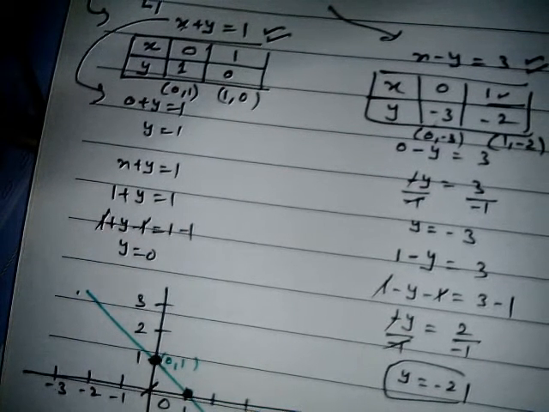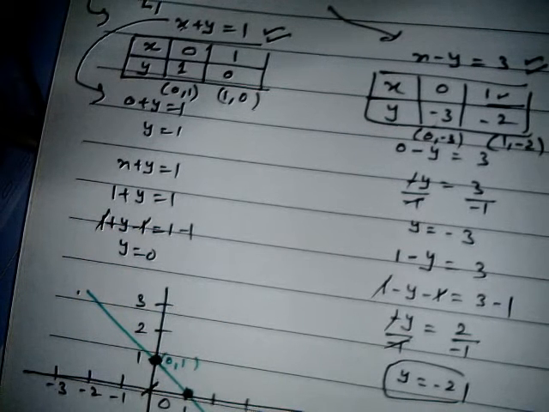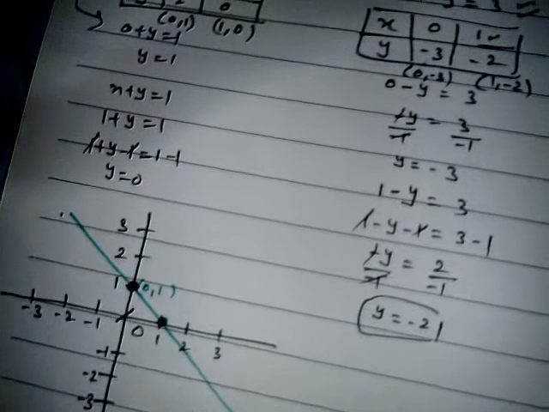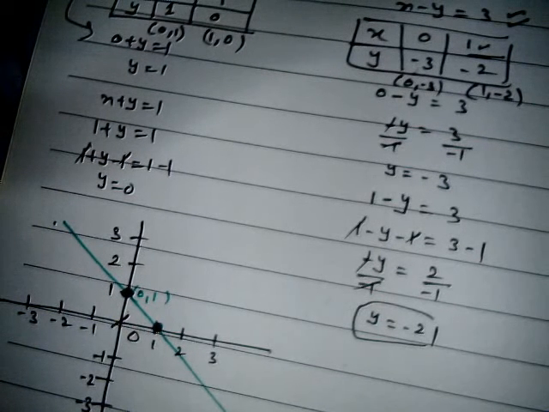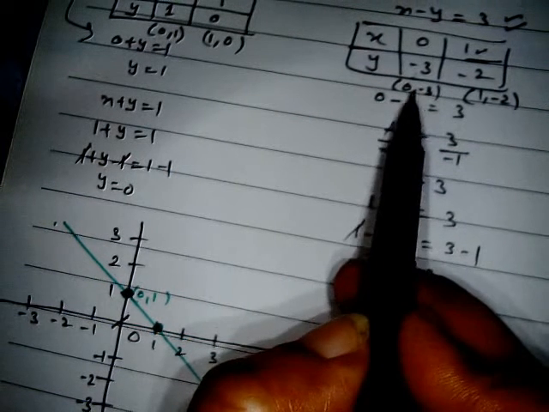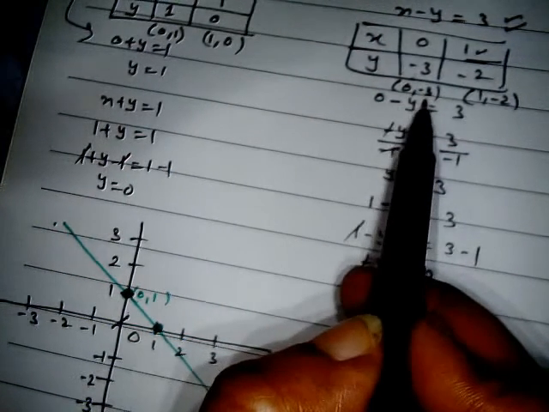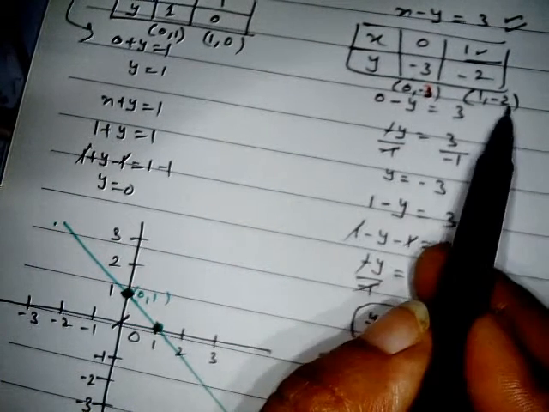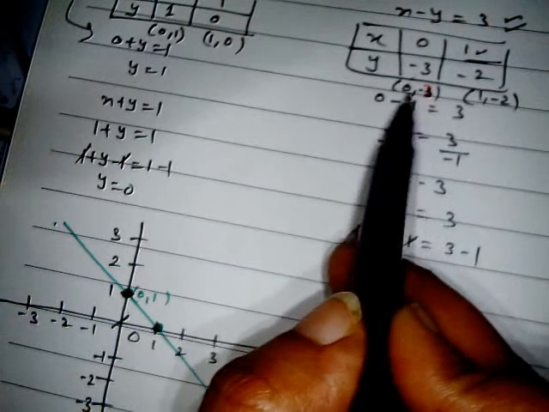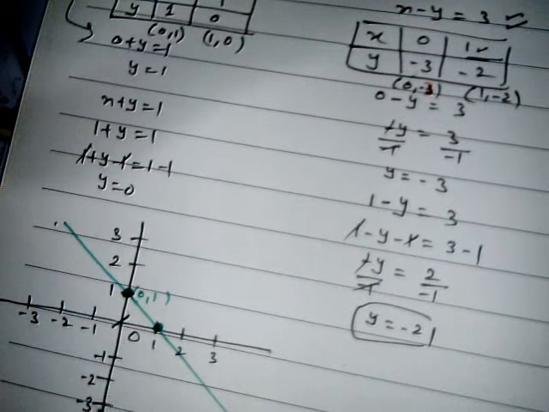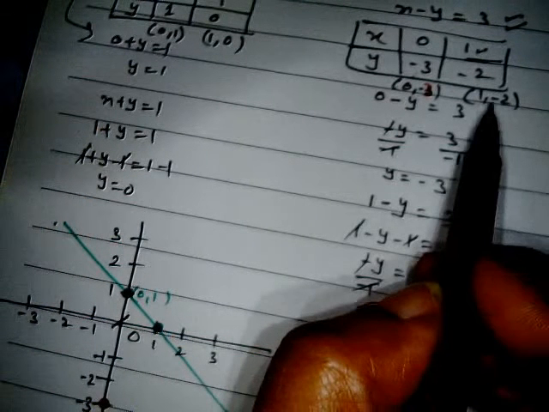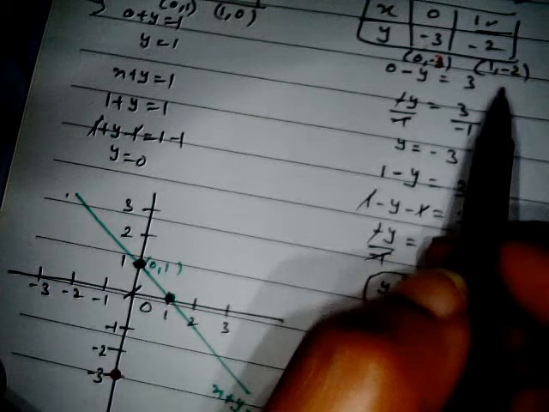Now the second, I need to plot the L2 line, which I am going to make with the red pen, and the coordinates are 0, negative 3 and 1, negative 2. To mark 0, negative 3, this is 0 and negative 3 is here. The second point is 1, negative 2, so x is 1 and y is negative 2, which goes somewhere here.